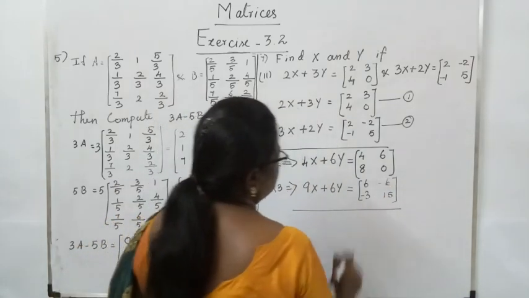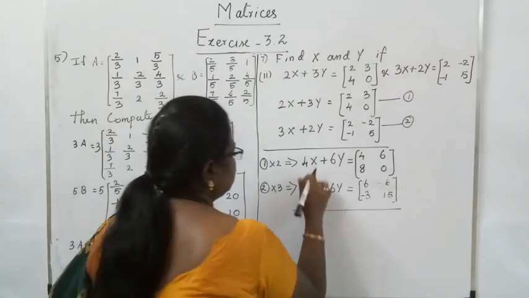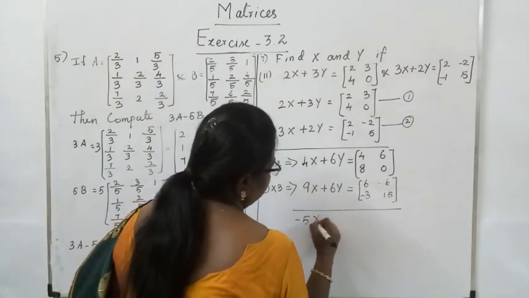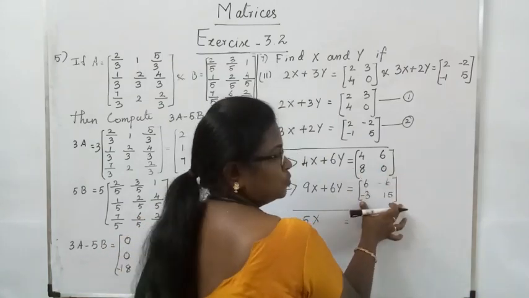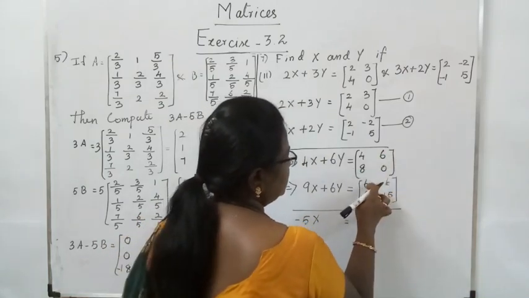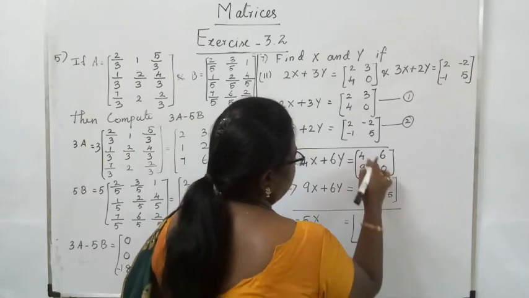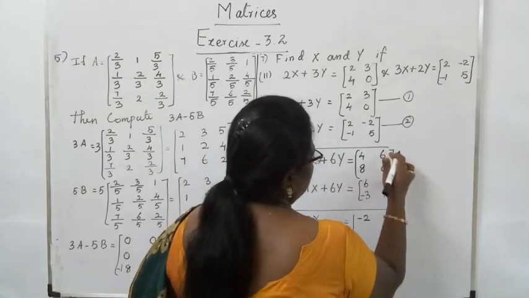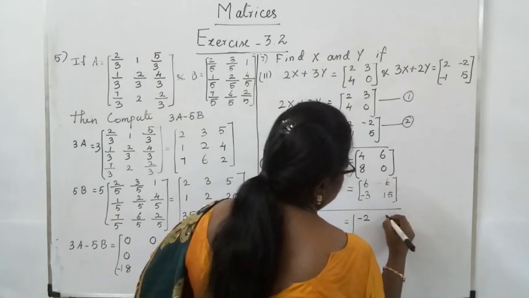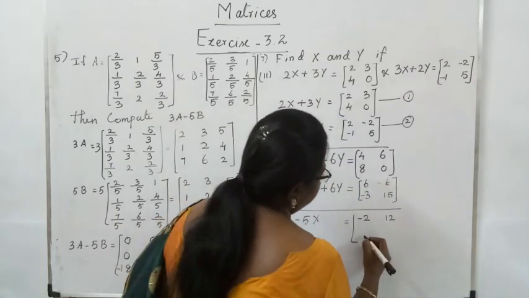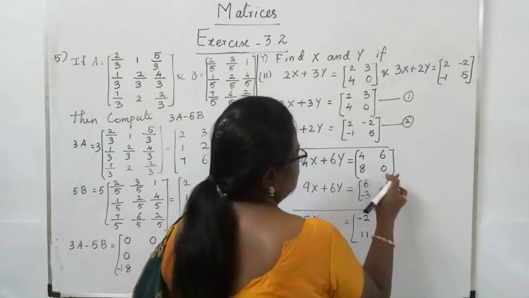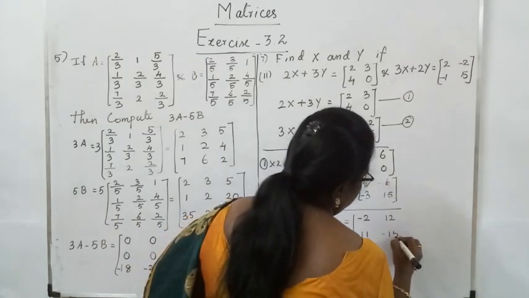Now subtract this. While subtracting, the 6x minus 6x, this will become 0. This is a subtraction between two matrices, so the corresponding elements have to be subtracted. So 4 minus 6, 6 minus of minus 6 is plus 12, 8 minus of minus 3 is 11, 0 minus 15.